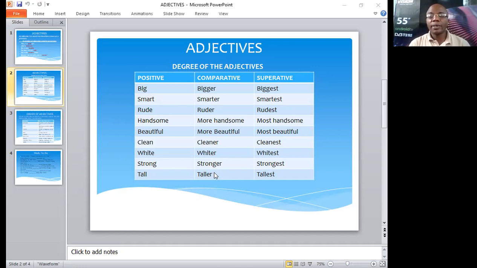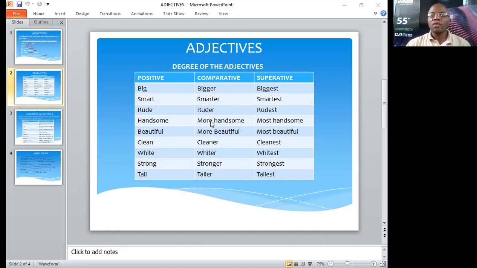However, in some cases, the adjectives do not take ER, and therefore we use more together with the adjective to make it appear in the comparative form. We talk of more handsome, more beautiful, etc. Did you get that? Now, another thing that you should avoid, we cannot use more with bigger, because the word bigger is already in the comparative form.